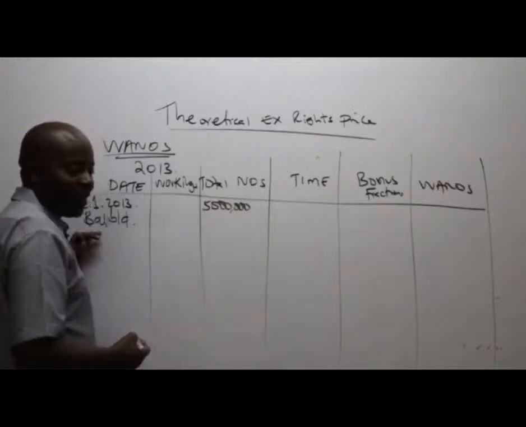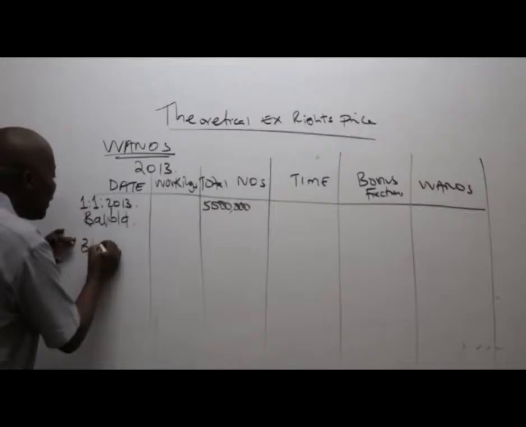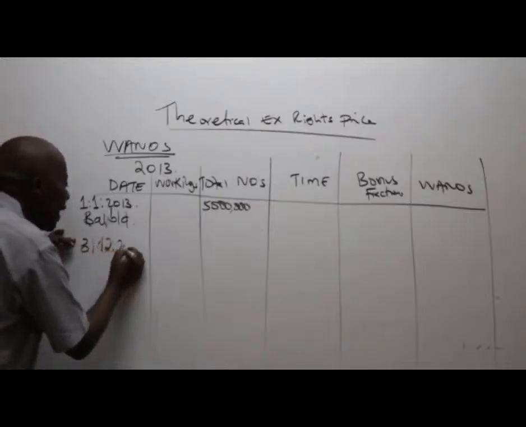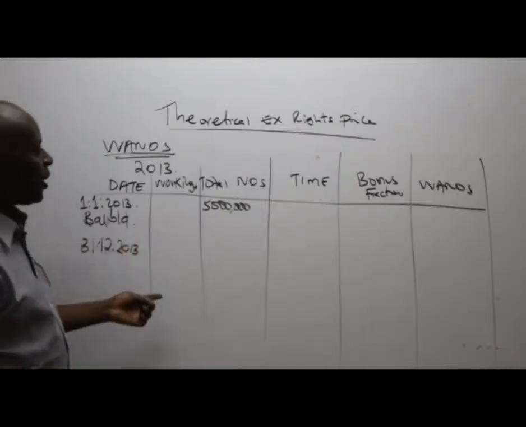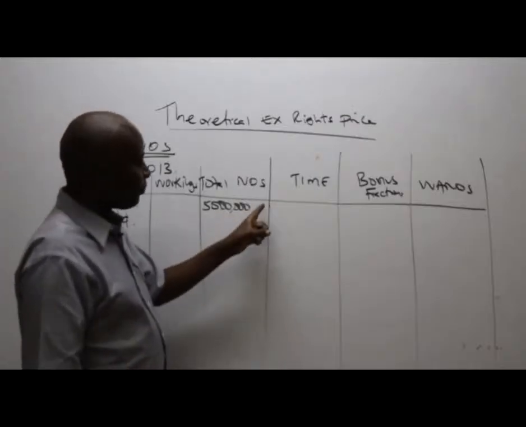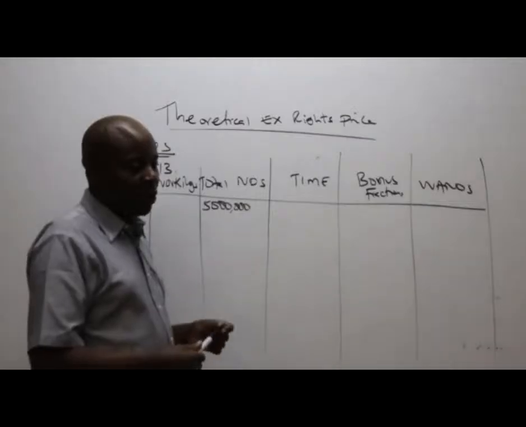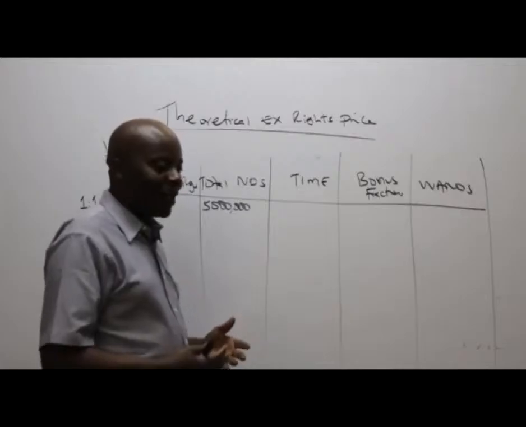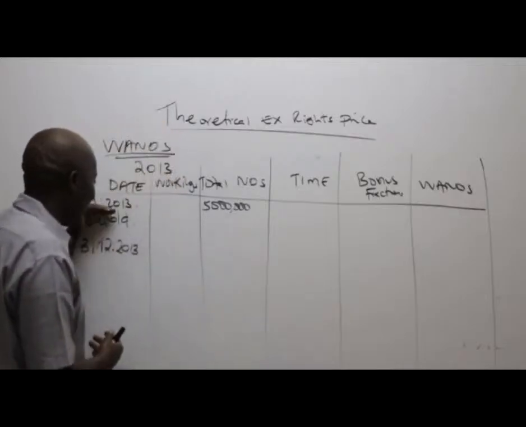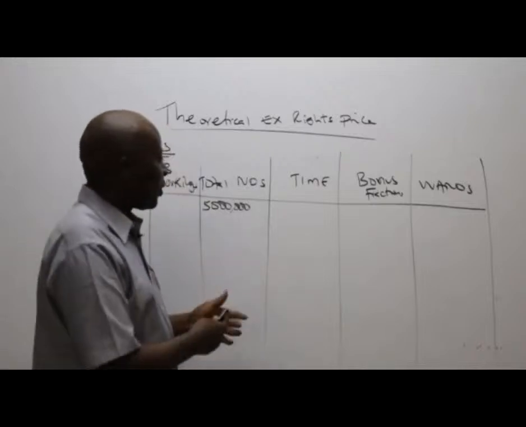All the way up to the end of the year, there was really nothing here, up to the end of 2013. Let me count how many months there are. From this date to the next date, 12 months, isn't it? There was nothing really much.